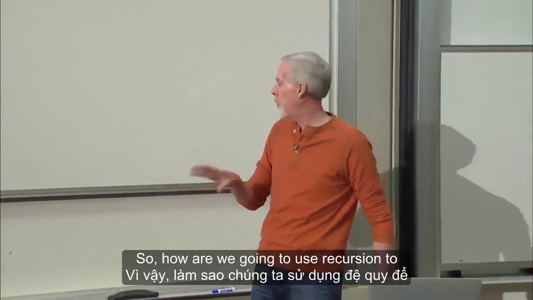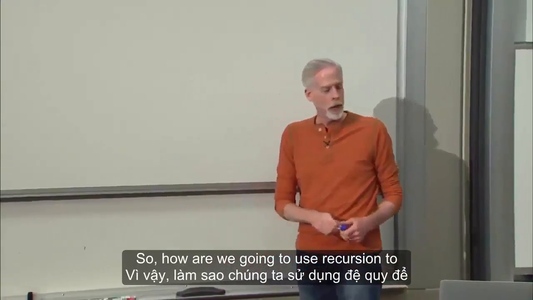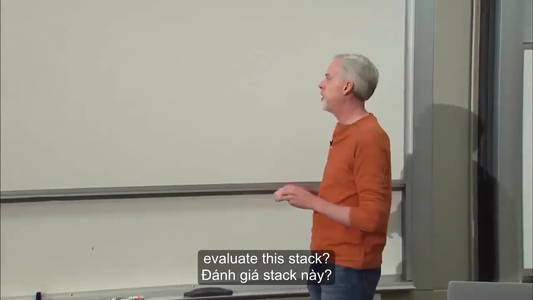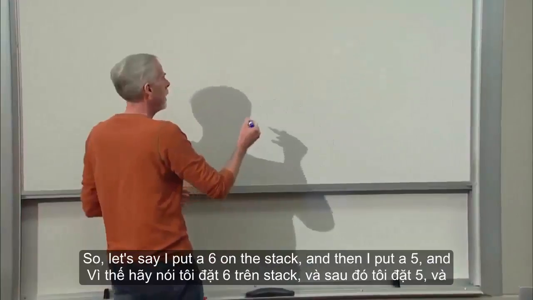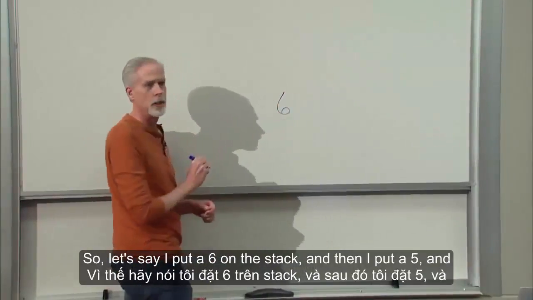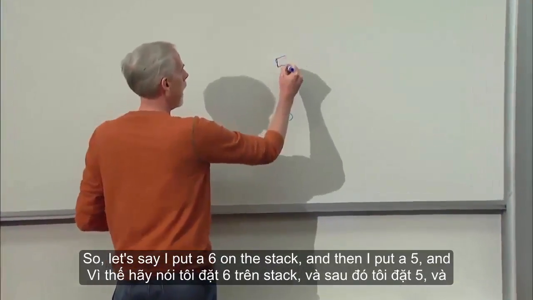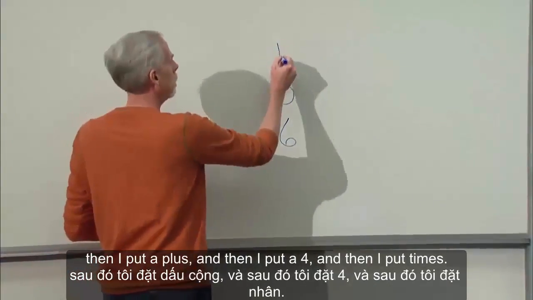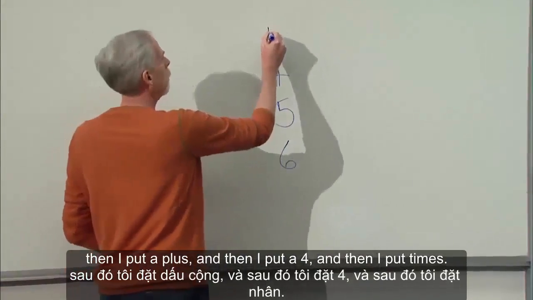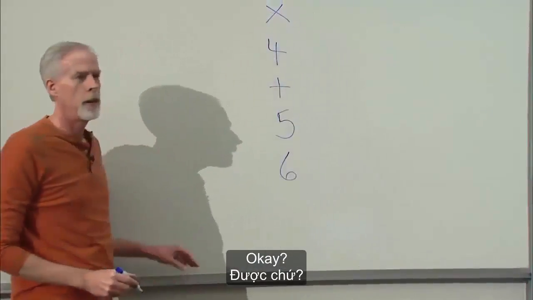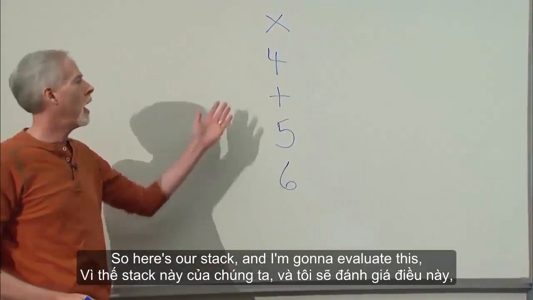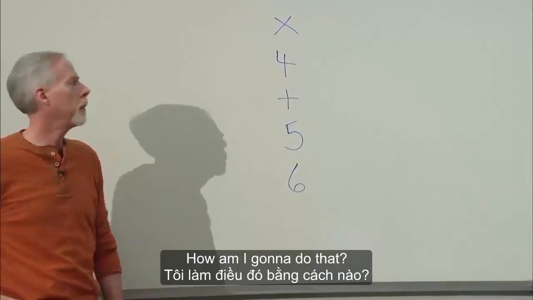So how are we going to use recursion to evaluate this stack? It looks like this. I'm going to do a sample stack right here. Let's say I put a 6 on the stack, and then I put a 5, then I put a plus, then I put a 4, then I put times. So here's our stack, and I'm going to evaluate this, and I'm going to use recursion. How am I going to do that?